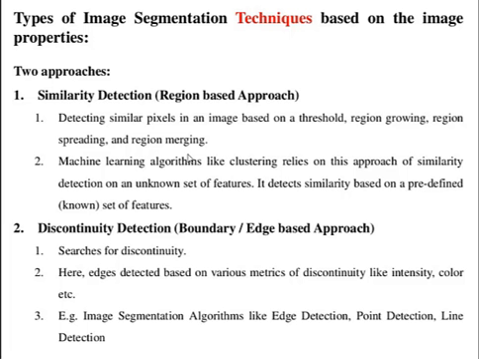Now, what are the types of segmentation based on image properties? First is similarity detection, and the other is discontinuity detection, edge based and boundary based. So there are two different approaches, similarity and discontinuity. In similarity, we detect similar pixels in the image, based on threshold, region growing, region spreading, region merging, and all.